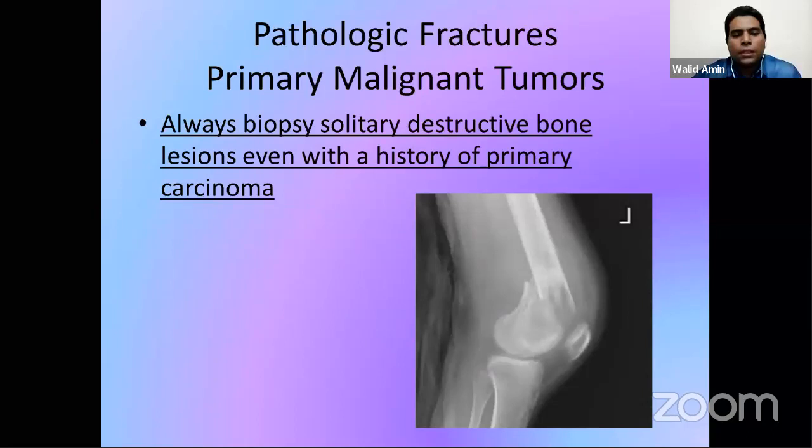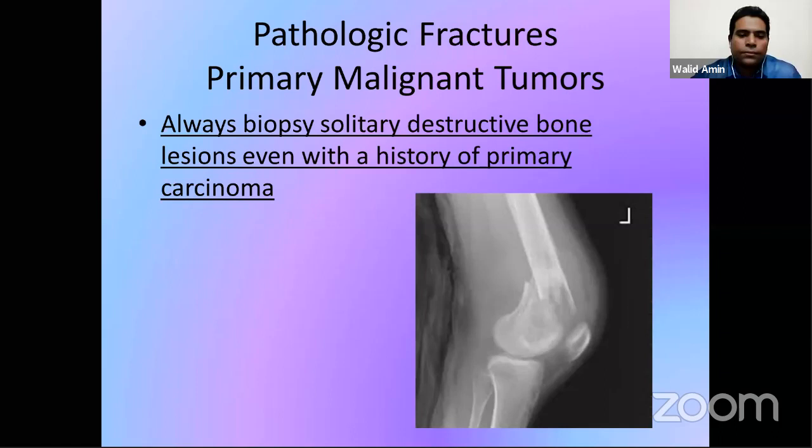Always biopsy a solitary destructive bone lesion, even with a history of primary carcinoma. And if you know that this patient had a carcinoma before, like breast cancer, don't say that this is a metastasis and I should fix it. No, you should go through biopsy and oncology opinion.